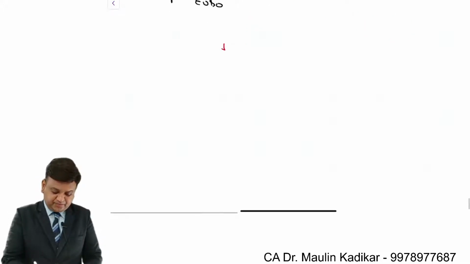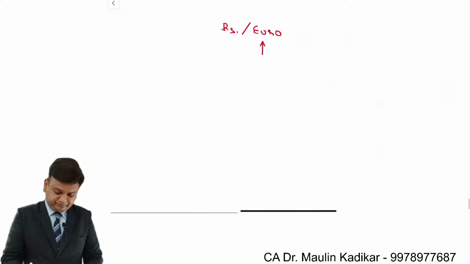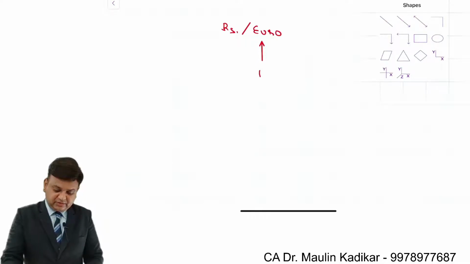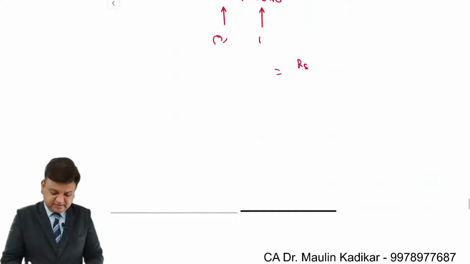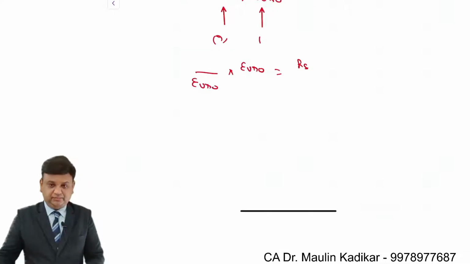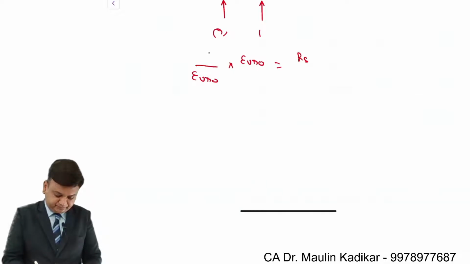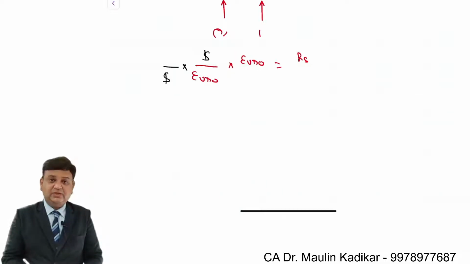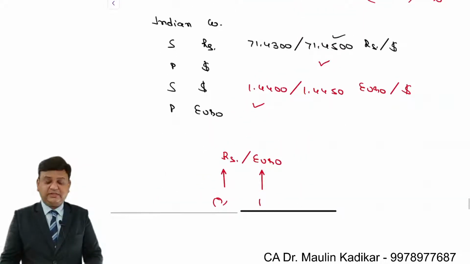We are interested to know the exchange rate for rupees per euro, because we are required to make the payment of the loss in euro currency. So the question is, 1 euro is equal to how much rupees? Rupees is the final answer, and the answer is required per euro. Against euro, dollar currency is given, and against dollar, rupee currency is given. I want rupees per dollar, and the same is given: 71.45.